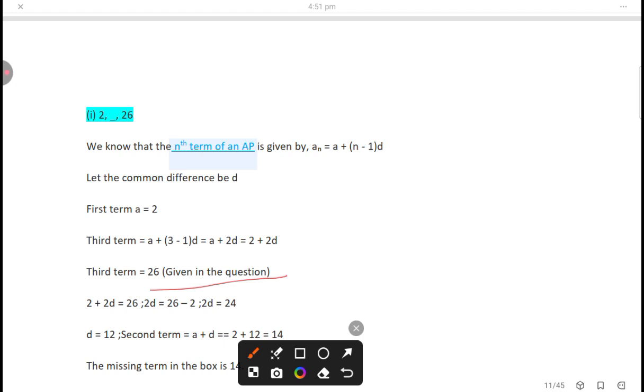So 2 plus 2d equal to 26. You can find d here. So d is 12. So the second term will be a plus d. You know a is 2, the first term, plus d, 12. So the second term will be 14.